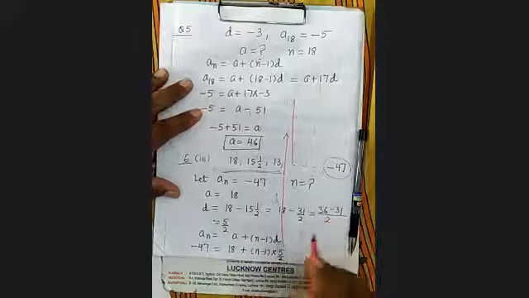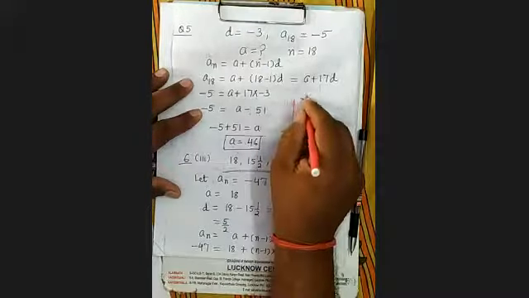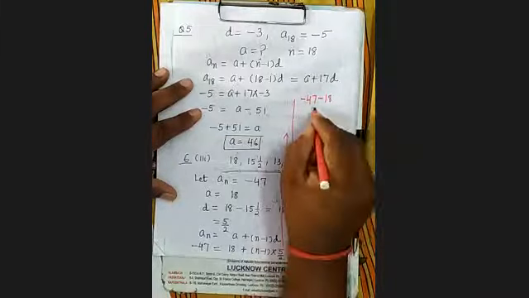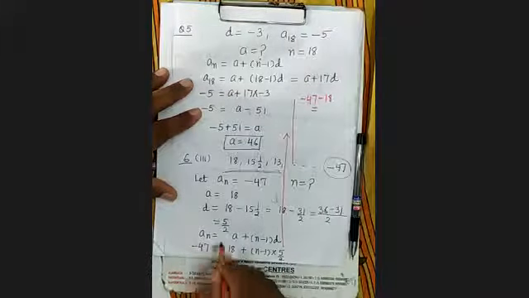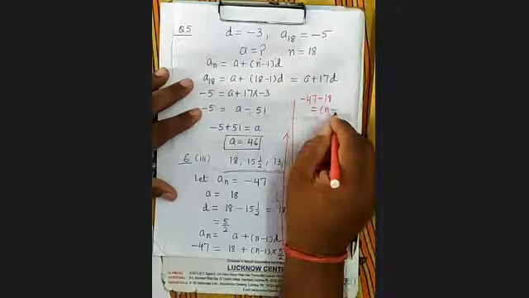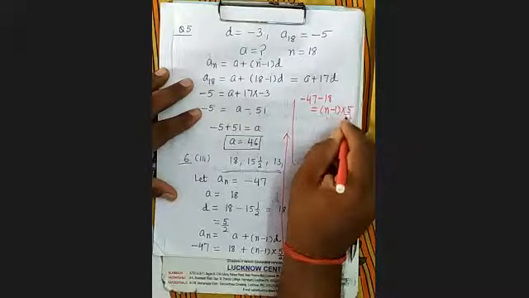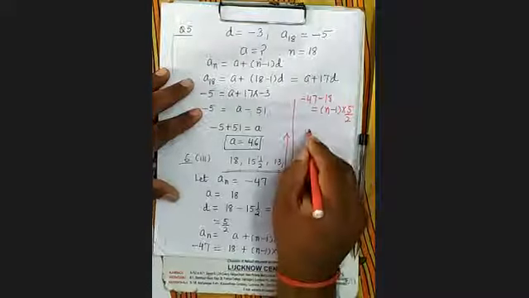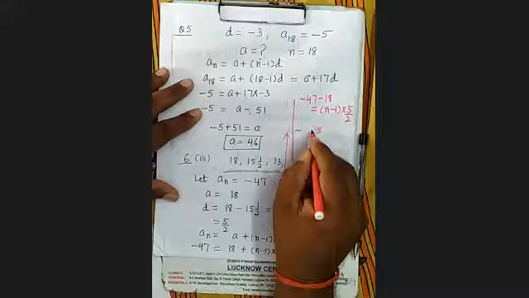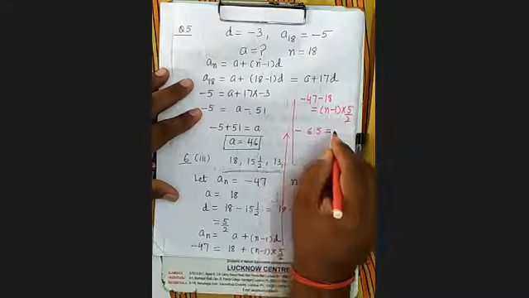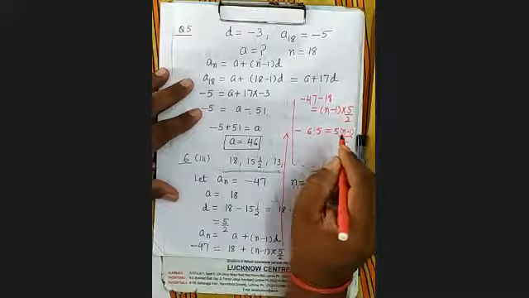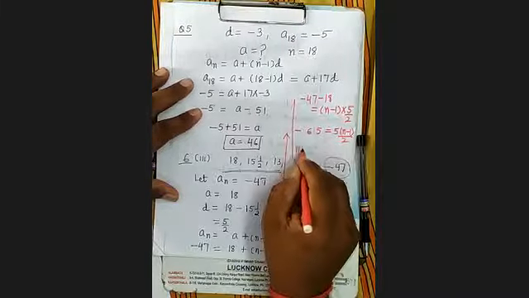So minus 47 minus 18 equals, 18 you bring on this side, so it is (n minus 1) into 5 upon 2. So this will be equal to how much? Equals to n minus 1.